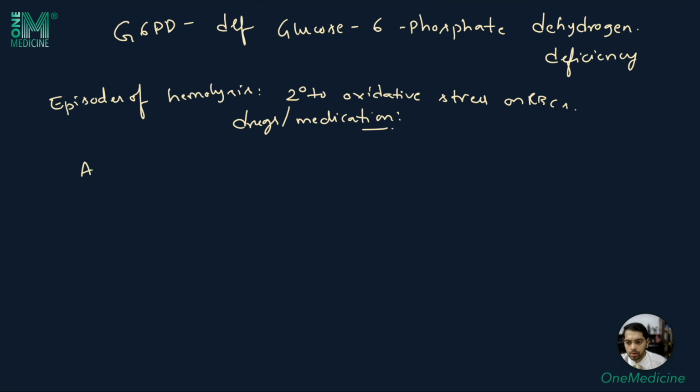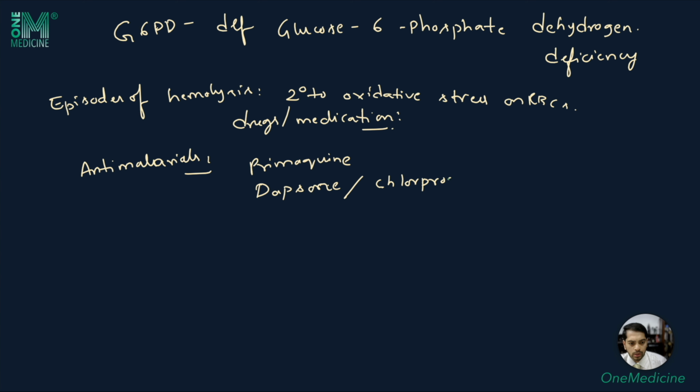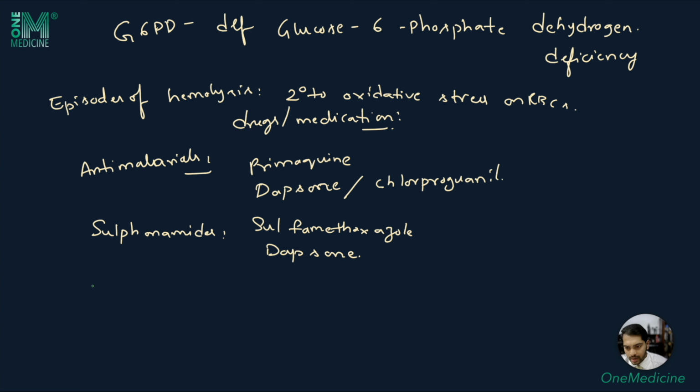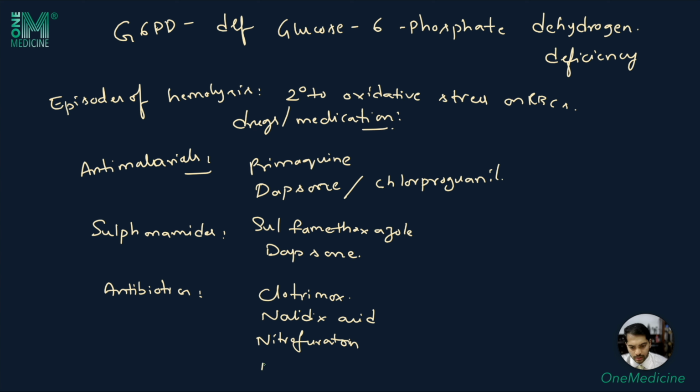Some of the examples of these include antimalarials: primaquine, dapsone, or chlorproguanil; sulfones or sulfonamides: sulfamethoxazole, or dapsone; antibiotics including clotrimazole, nalidixic acid, nitrofurantoin, niridazole.